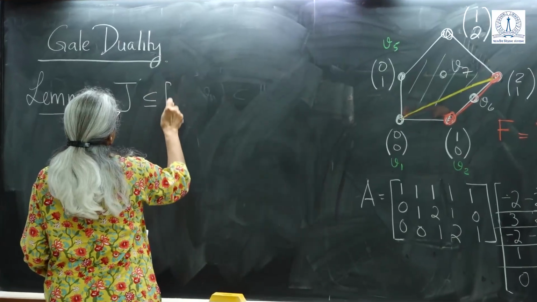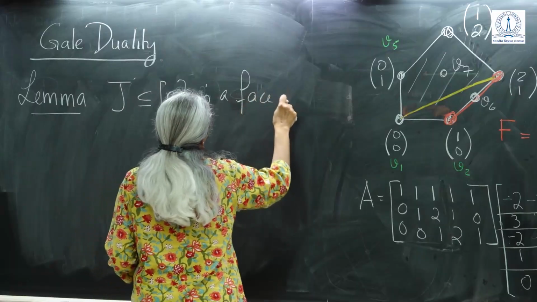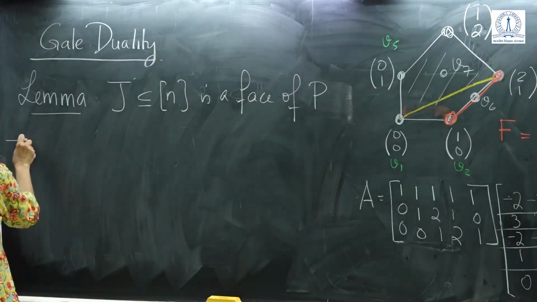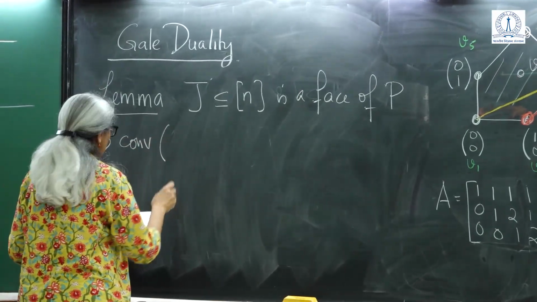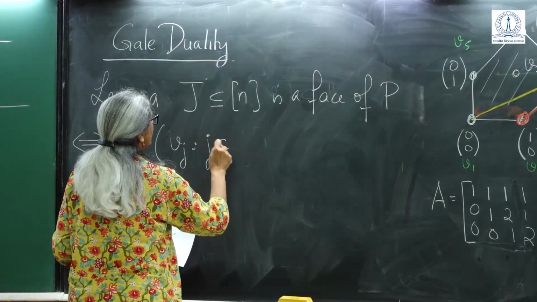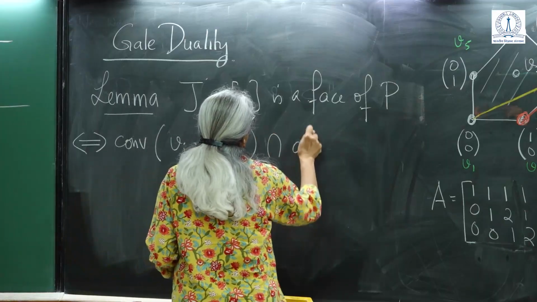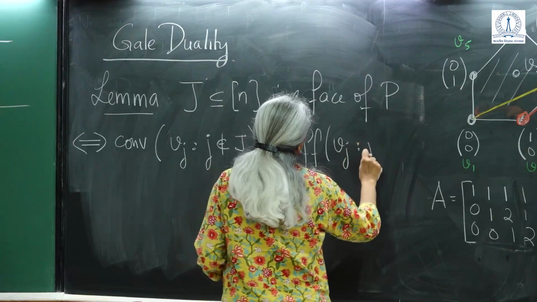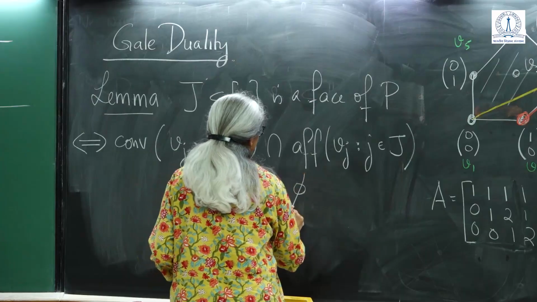So J in N is a face of P if and only if the convex hull of the Vj's such that j is not in J intersect the affine hull of the Vj's such that j is in J is equal to the empty set.